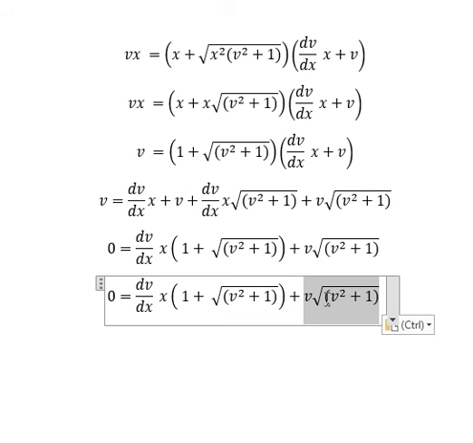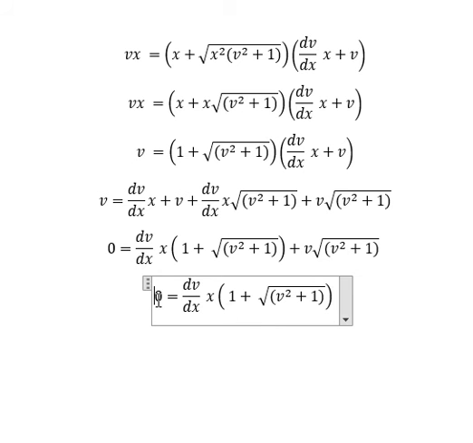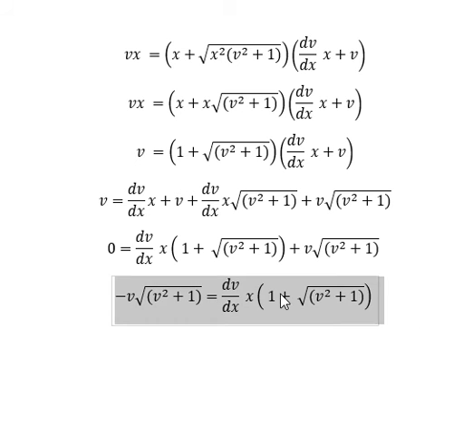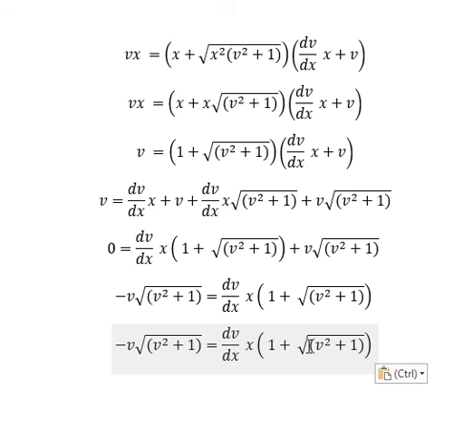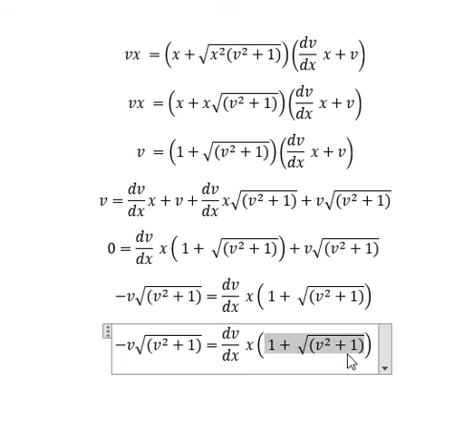Next, this one we put on the left. Next, we divide both sides by this one.